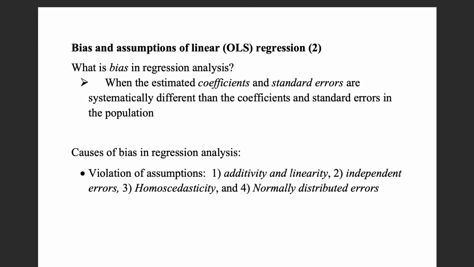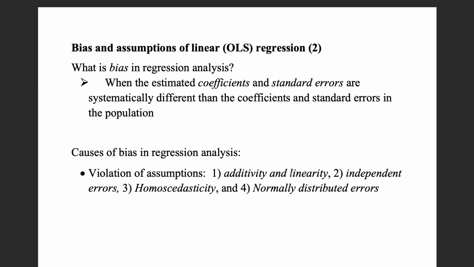So there are a couple of different reasons why you might have bias in your regression analysis. One of those is that if you estimate linear regression models, you are actually making some assumptions about your data. Four of those assumptions are the assumption of additivity and linearity, the assumption of independent errors, the assumption of homoscedasticity, and the assumption of normally distributed errors.